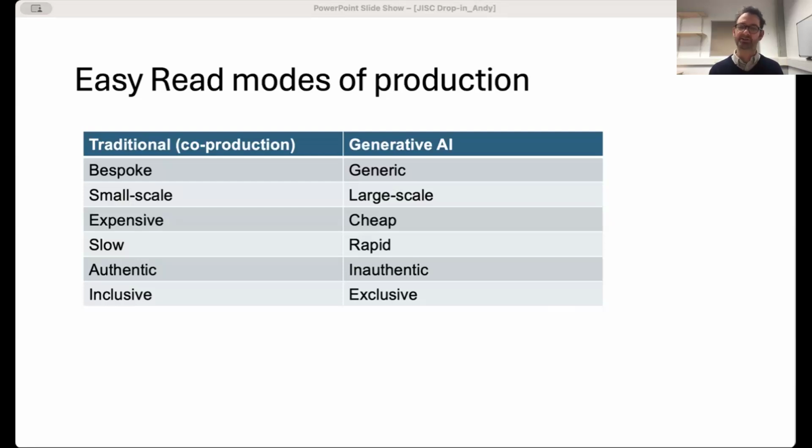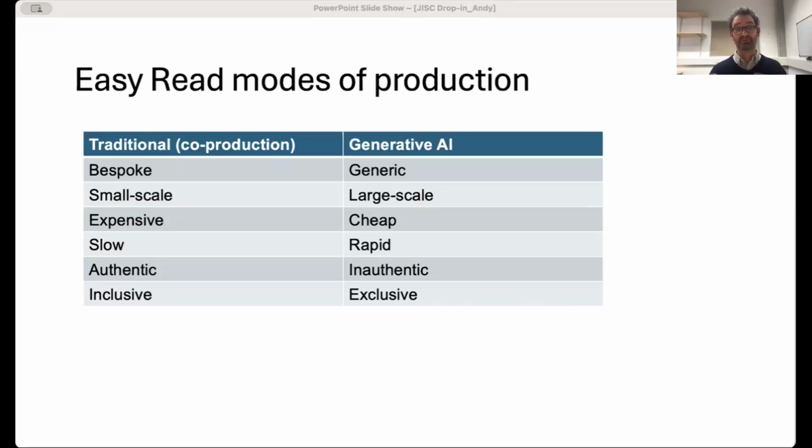And there is an interesting tension here between these traditional methods of bespoke co-production and checking with experts by experience around specific texts, which is inclusive and collaborative and authentic, but is by necessity and also quite deliberately a slow and labor-intensive process that is often quite costly as well.